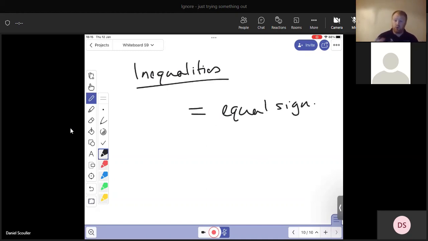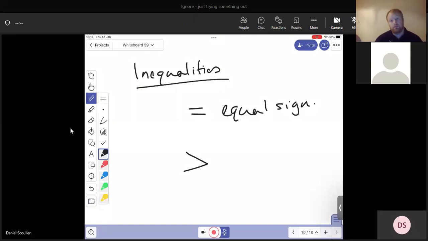We're going to introduce a couple of other signs that change what the equation's telling you, but the way that we manipulate it is 90% the same. So that equal sign means the left-hand side of the equation is equal to the right-hand side of the equation.